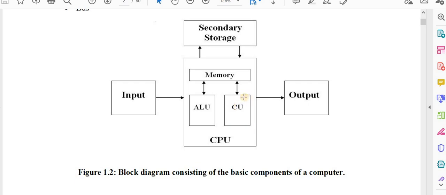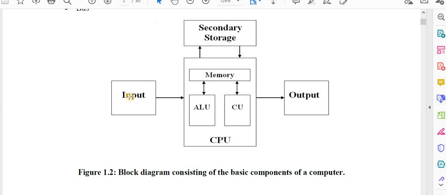After getting the input from the user, the set of instructions is processed by this CPU, and then the computer system produces the output. The computer can show the output with the help of output devices like monitor, printer, etc. So this is the block diagram of a computer.